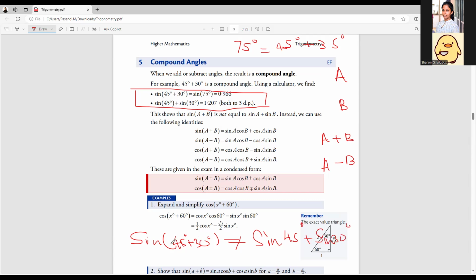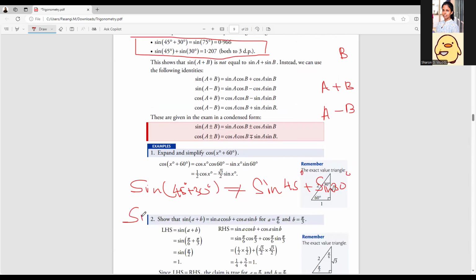Though it's a compound angle, sine of 45 plus 30 degrees is not equal to the addition of the separate sine values. In the same way, if we take the subtraction, sine 45 minus 30 is not equal to sine 45 minus sine 30.